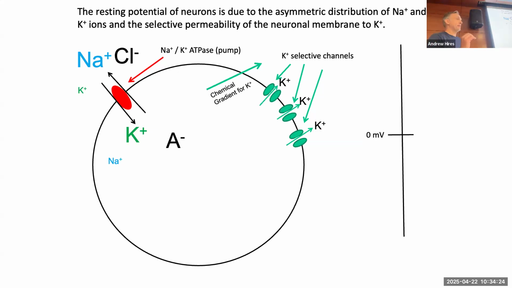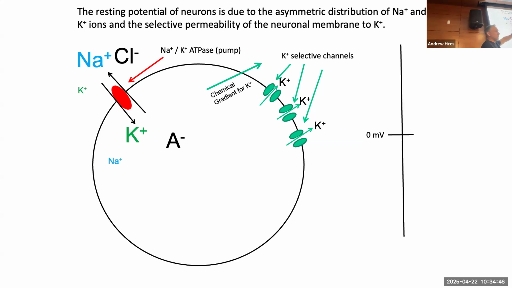Okay, but wait. If the potassium ion was not charged, if it was neutral, then it would just flow out and it would equilibrate equally on both sides, because the only thing influencing its motion would be its concentration difference. But it's electrically charged. So there is a second feature here.